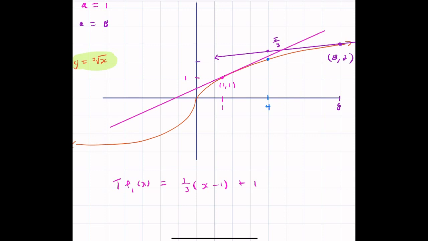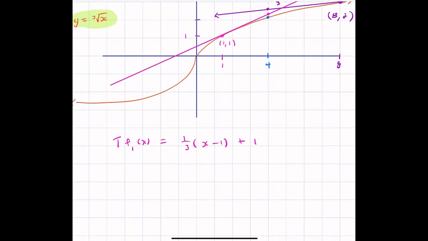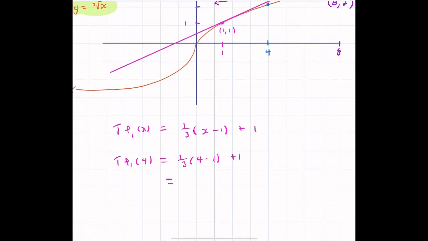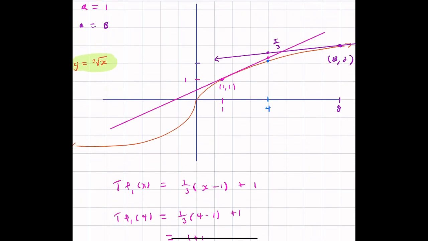We're going to look for this point on the line, which is our approximation using this line, and we do that by plugging in 4. So T of f at 1 of 4 is 1 over 3 times 4 minus 1 plus 1, that's going to be 3 over 3, so 1 plus 1, which is 2. And 2, of course, is 6 over 3.